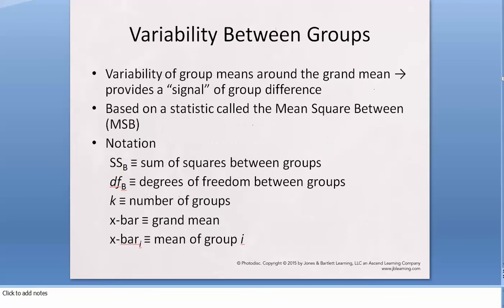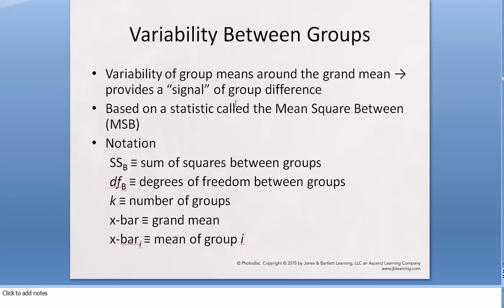Now, what is variability between groups? How we quantify that is, you will take the sample mean for each group, and then you will take the difference between each one of them and the grand mean. The grand mean is the mean of all the data. In that example, that will be the mean based on 45 observations.